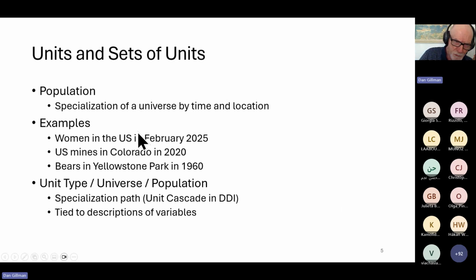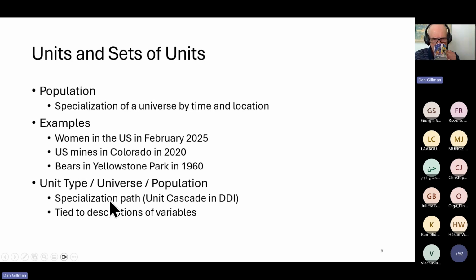And then the further specialization is to what we call a population, where we add the time and location. So for instance, women in the US in February 2025, US mines in Colorado, if you're not familiar with the US, that's one of the states, in 2020, or bears in Yellowstone Park. Yellowstone is one of the famous national parks in the US in 1960.